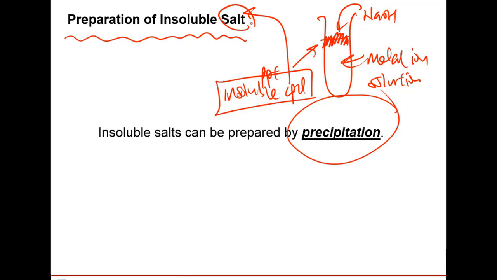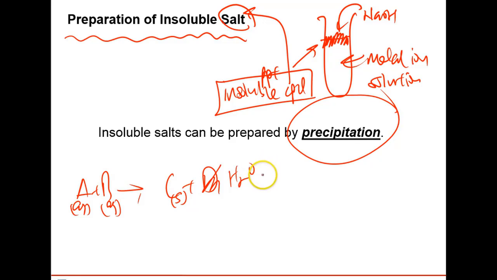If the salt is insoluble in water, very easy. This is the best salt to prepare. Why? Because once you react the mixtures together, A plus B gives you C plus D. If C is insoluble in water, so long as you make sure everything else is soluble, for example acid plus something gives you salt plus water, so long as everything else is aqueous, you only have a single solid.